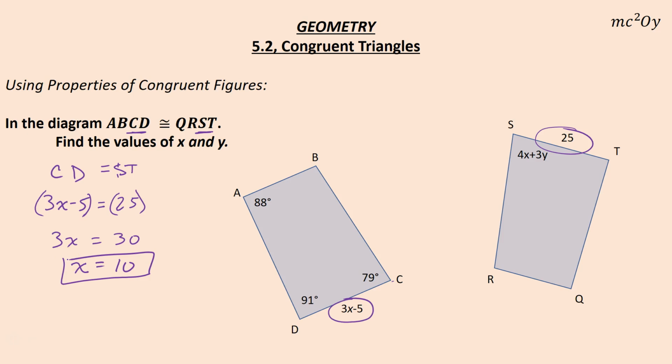Now I can also look at this value right here. I know that angle S is where 4X plus 3Y is. And I know that angle S corresponds to angle C, which is 79.